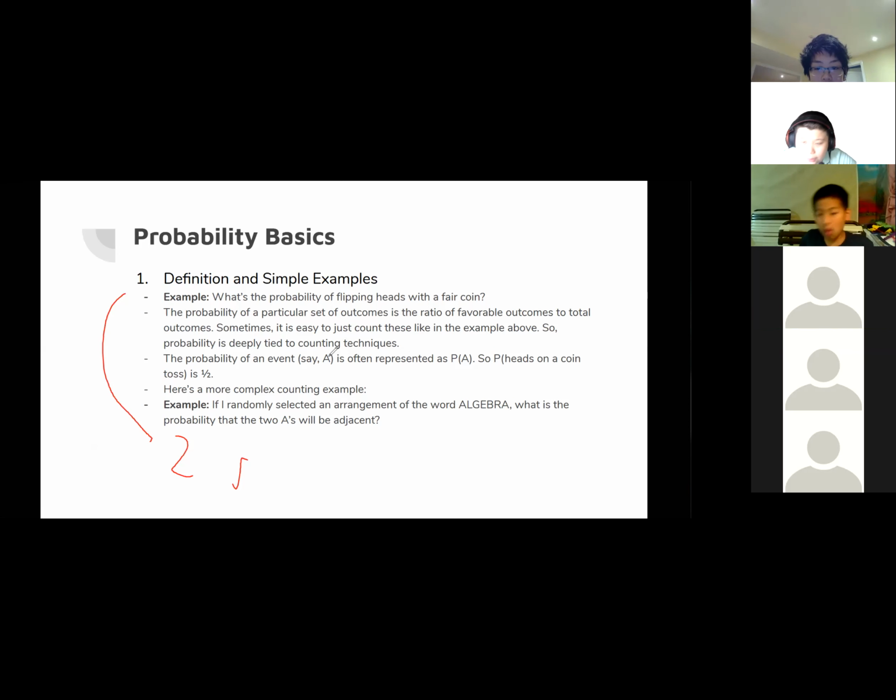I'll give you a hint, which is the total in this case is going to be 7 factorial divided by 2, because you have 7 ways to order them, and you have to divide by 2.